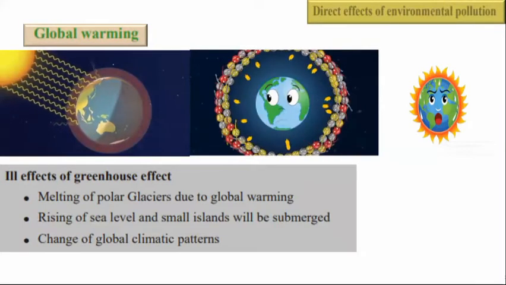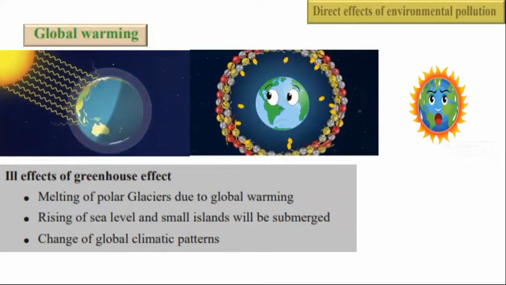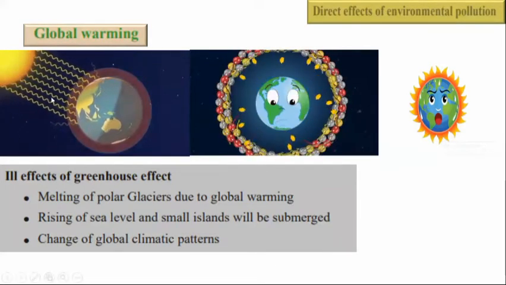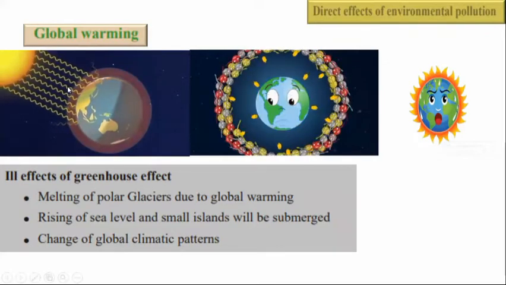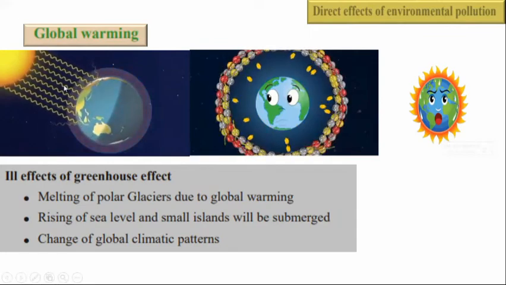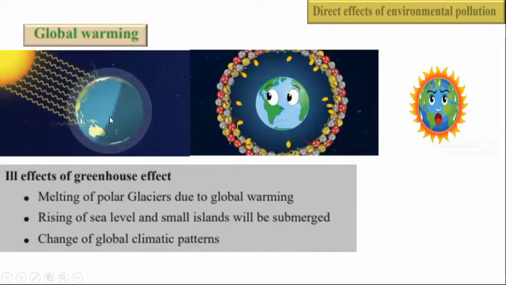This occurs due to the greenhouse effect. So you have to know what a greenhouse effect is. See here in the first image, you can observe that from the sun the earth gets radiation, right? That radiation is reflected back from the earth.